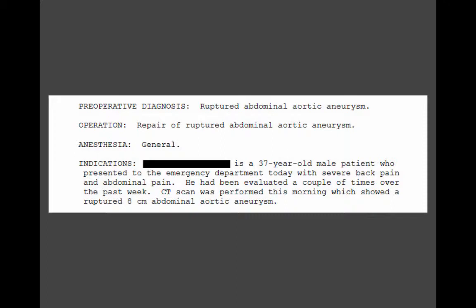He ended up having an 8 centimeter AAA. I throw this out there because you throw an ultrasound probe on this guy's belly, potentially could save his life, where a lot of people that have seen him prior to your visit with him have not considered this diagnosis and not taken the steps to appropriately diagnose him.